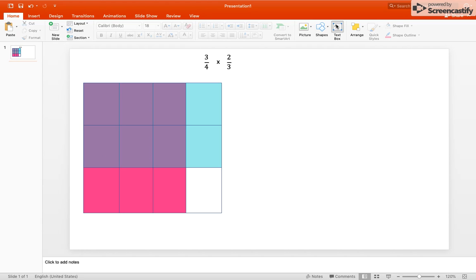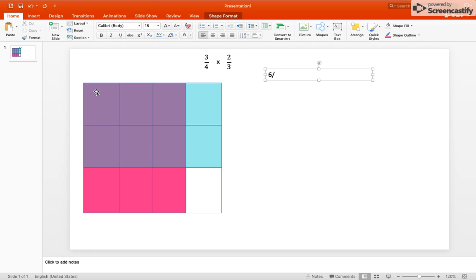So what you're looking for is where that 3/4 and the 2/3 overlap. So that's all this purplish color in the center. So I can see that I have 1, 2, 3, 4, 5, 6 boxes that are both covered by the 3/4 pink and the 2/3 blue.